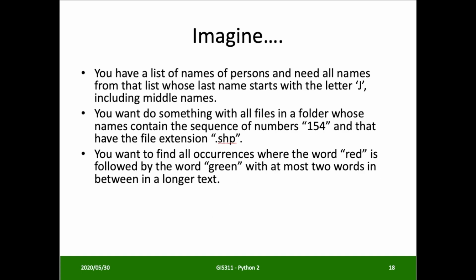If you have a list of names and you need to extract all the names that start with a J, and there are also middle names as well, I'm sure you can think of a relatively easy solution for this, but let's make it a bit more complicated. You have a bunch of files in a folder, and you want to extract everything where there is a sequence 154 in the name as well as shapefile.